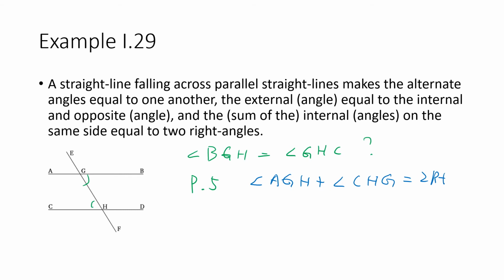Postulate 5 is not saying exactly the same thing, but actually the reverse. It says if AGH plus CHG is less than 2 right angles, then AB and CD will meet when you extend the line. So it's parallel lines, which means they will never meet. Then we can conclude AGH plus CHG equals 2 right angles.